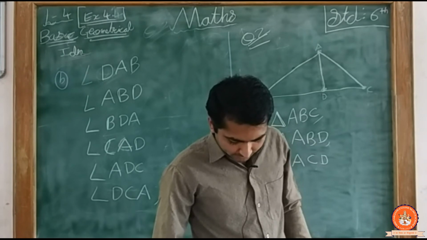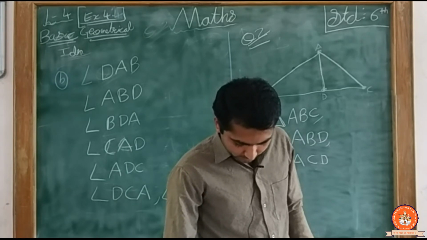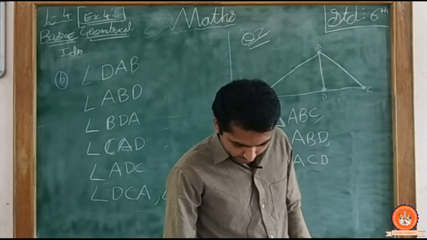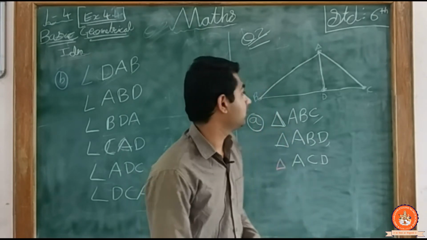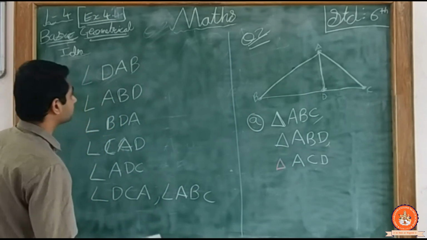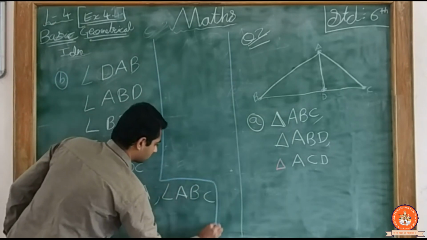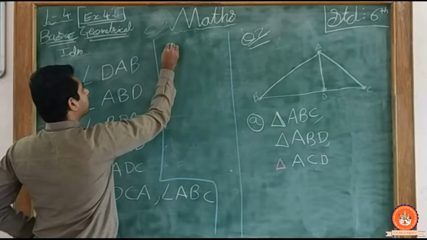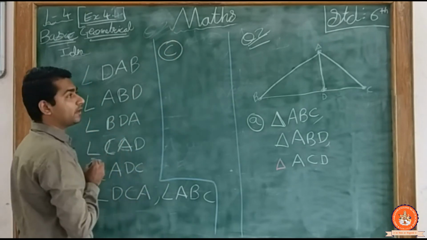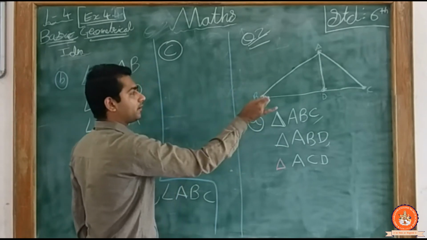So from this figure we can see that one line is AB, second is side AC, third is DB, then DC, then AD, then BC. How will we write? See here. This is my C. Okay, so I have to answer which are the 6 line segments from this figure.